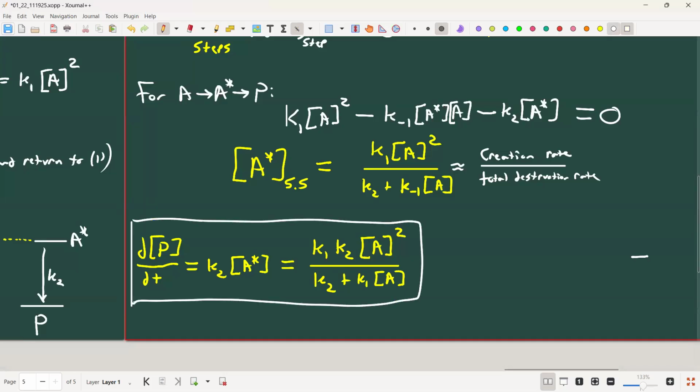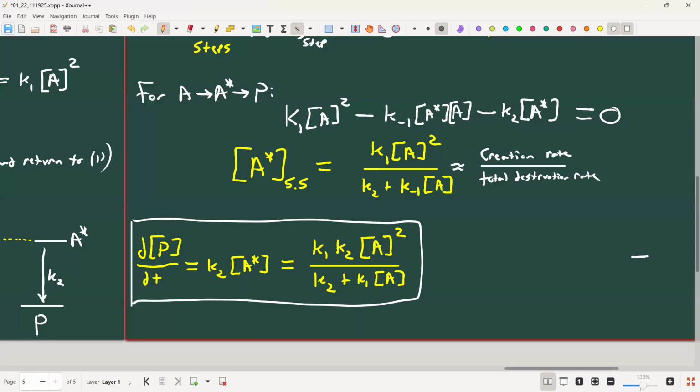So now I have a new equation for my kinetics that isn't dependent naturally on just the first order in A, but it has second order dependence divided by the first order dependence.